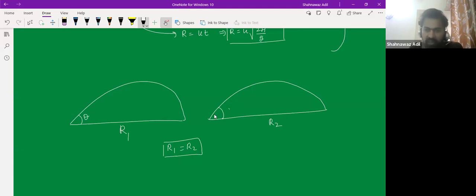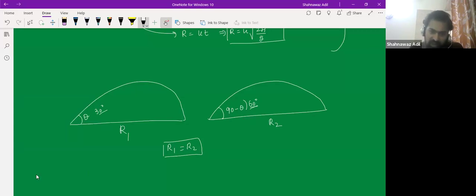They will cover the same distance if you throw it with theta and if you throw it with 90 minus theta. This is a point to remember. Let's say if you throw it with 30-degree projection and if you throw it with 60-degree projection, both will have the same range.